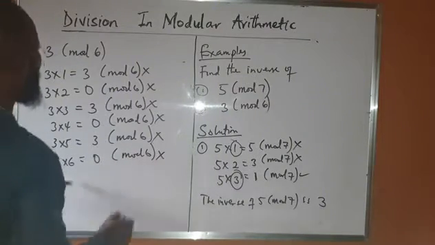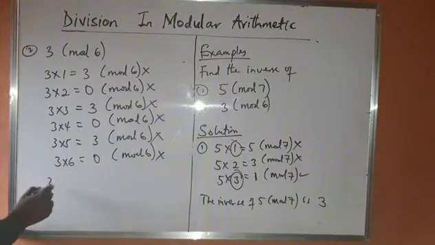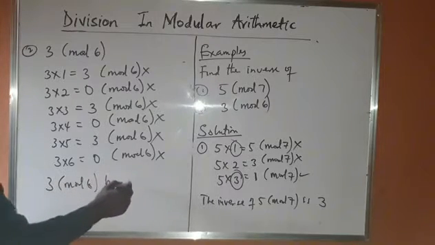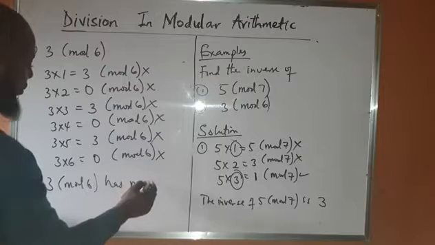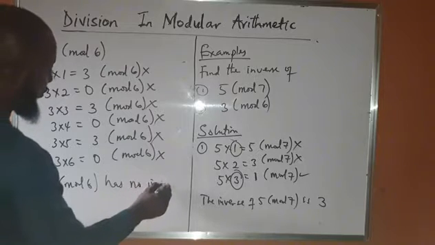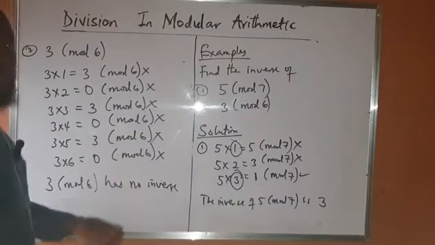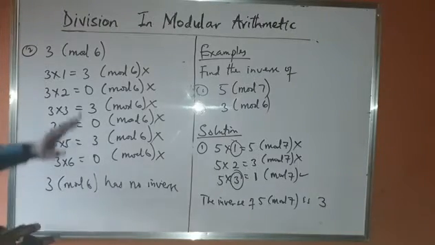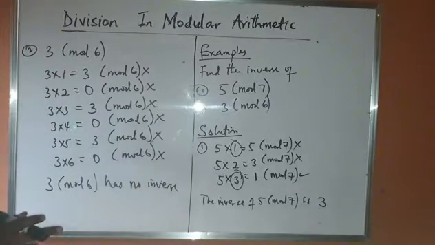So 3 mod 6 has no inverse, no solution. Under this topic, sometimes you don't get an answer, so you just say no solution, no inverse. You cannot get 1. If you continue to multiply by all numbers till eternity, you will not get remainder 1.